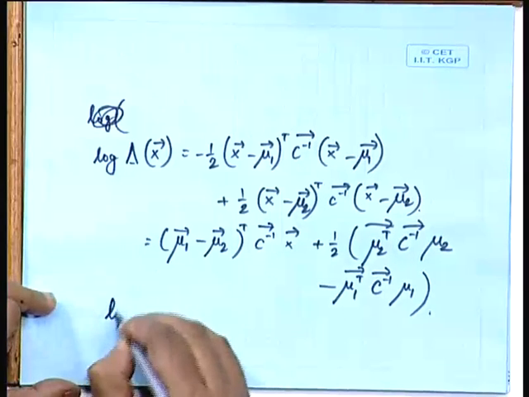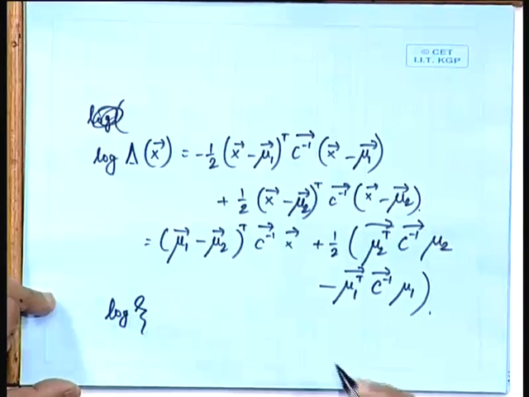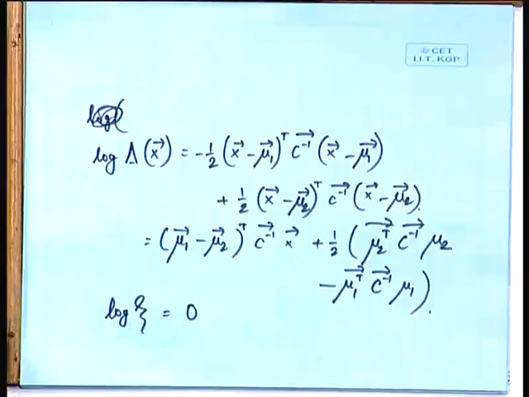And what is going to be log xi in this case, because we are assuming P1 and P2 to be equal to half and C12 and C21 to be equal? Just have a look at the earlier class note, there you will find that the xi term will be equal to 1. So, in this case log xi is simply equal to 0.